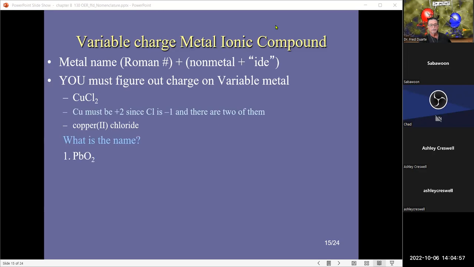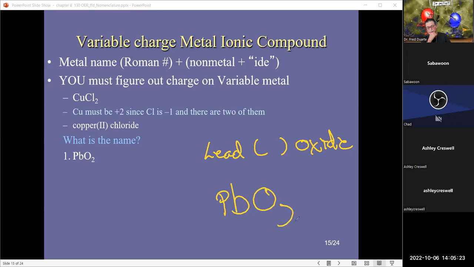So let's take a look at this. All right, so we have lead, so we can write the parent name. We know it's lead, we know it's not part of the 16, and oxygen is oxide. So that I can write down. I know that part. The question is, what goes in the parentheses? Well, I'll calculate it.